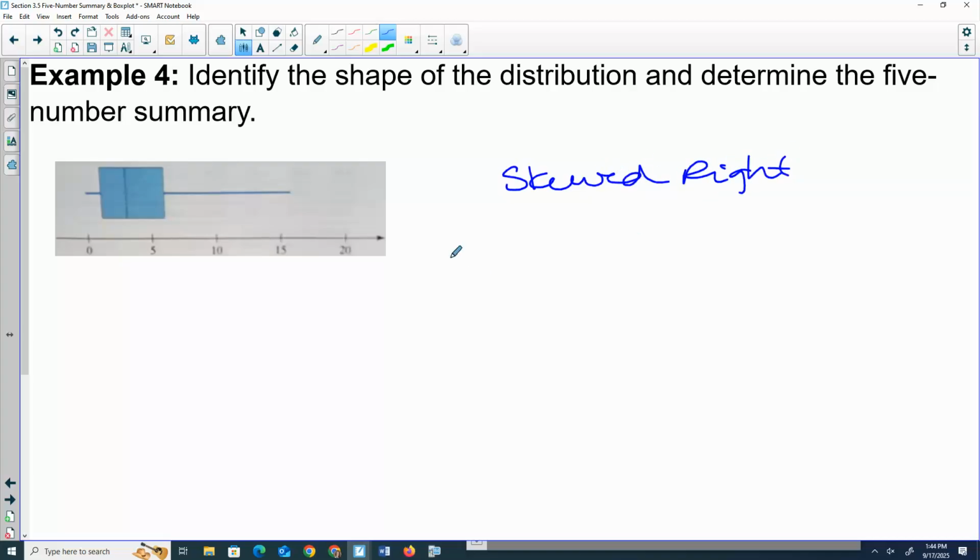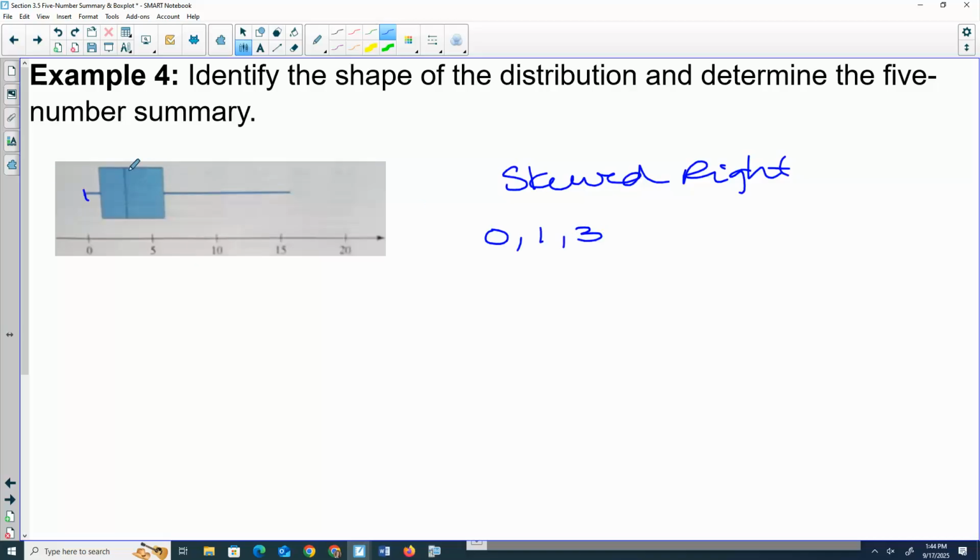Okay. 5-number summary. You don't have to label what they are because we put them in order. What's our low point? 0. What's our quartile 1? I think 1. What would you call the median? 3 maybe.